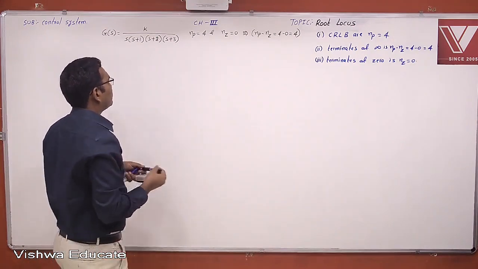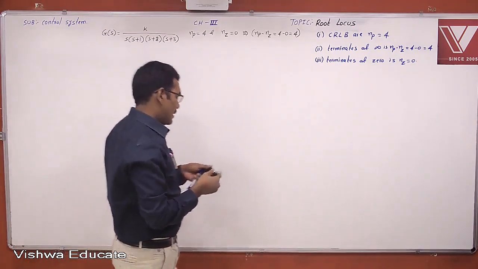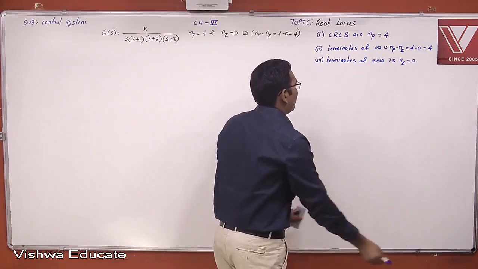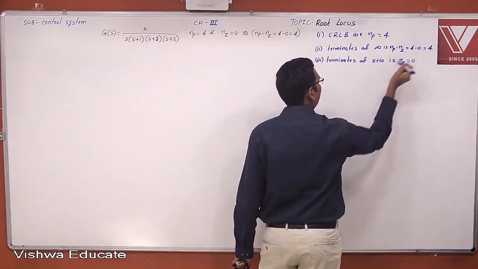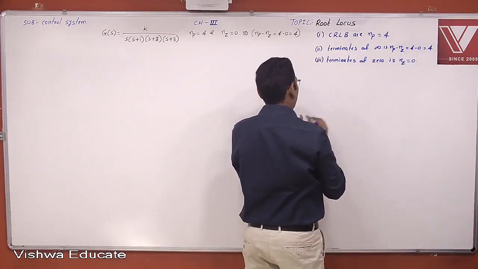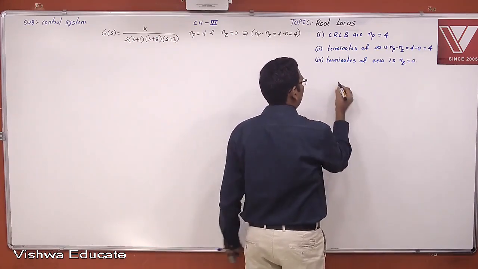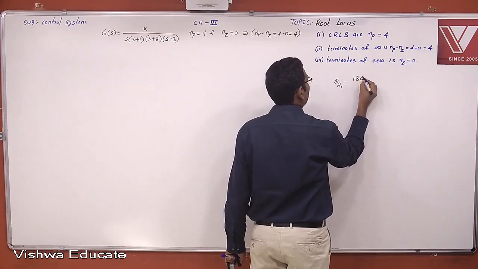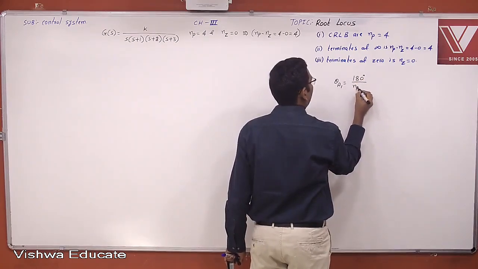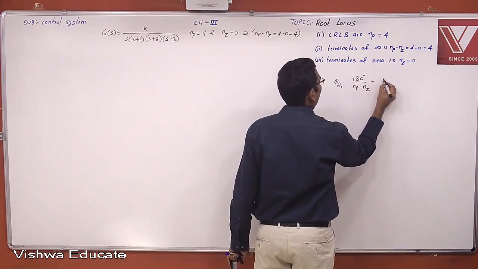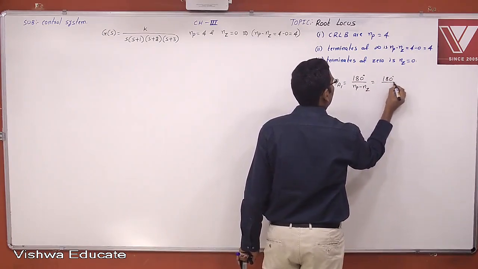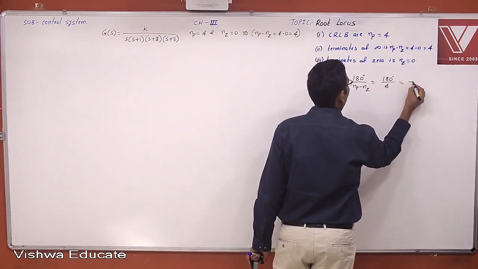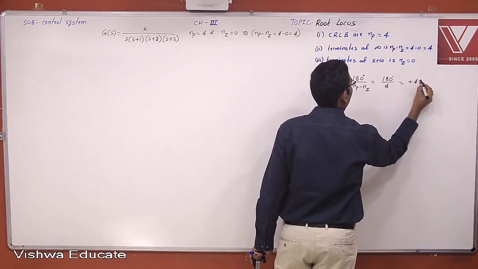Now the total number of angles of asymptotes is Np minus Nz, which is 4. What is the first angle of asymptote? It is 180 degrees by Np minus Nz, which is 180 degrees by 4, equal to plus 45 degrees.